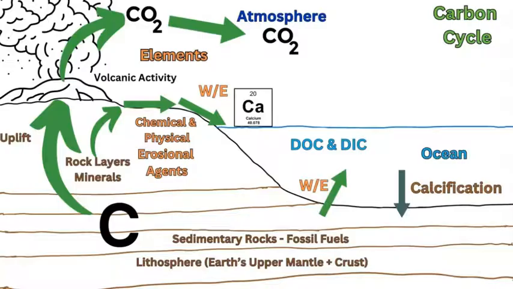The main ones are the carbonate minerals, which form certain sedimentary rocks like limestone and dolostone, and if the limestone is further compressed and heated, it will turn into marble, which is metamorphic.